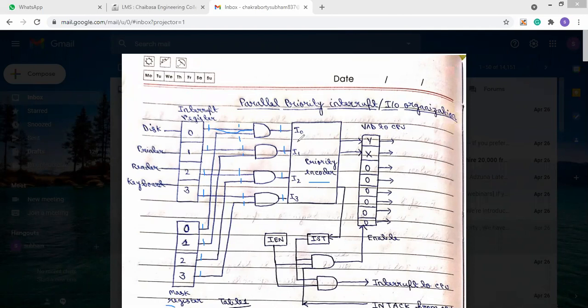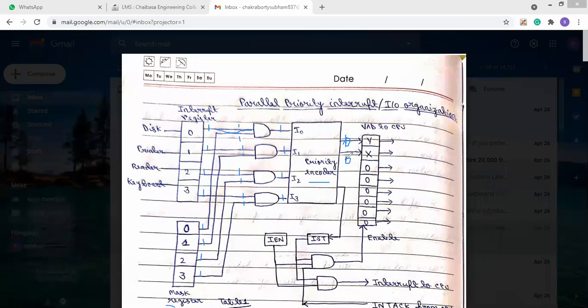Here all the inputs to the priority encoder will be 1. From the priority encoder the output will be generated. There are 2 outputs because we are using a 4 into 2 priority encoder, meaning 4 inputs and 2 outputs.